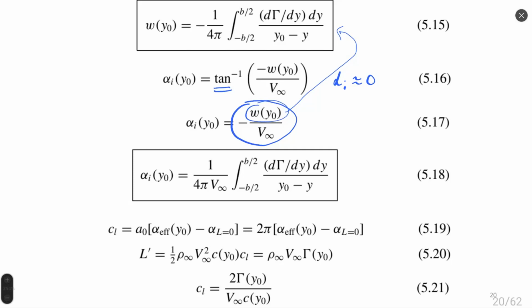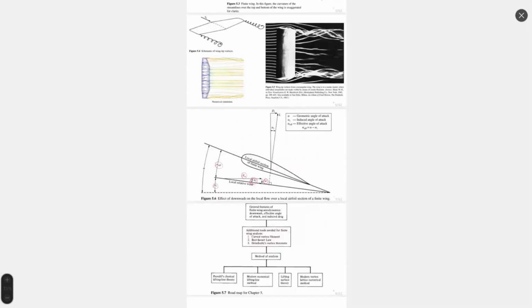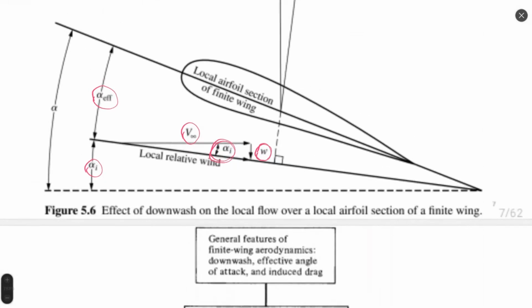In all this story, I forgot to tell you what is the significance of the effective angle of attack. Effective angle of attack is the angle of attack which is calculated as the difference between the real angle of attack and the induced angle of attack once we subtract one from another. Let's go back to the first slide. And we can see this relation here.